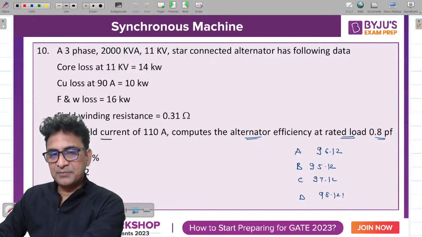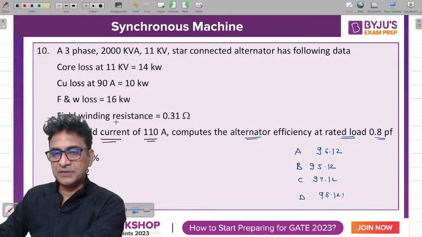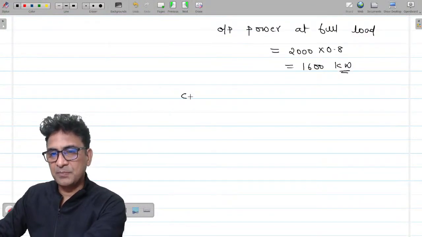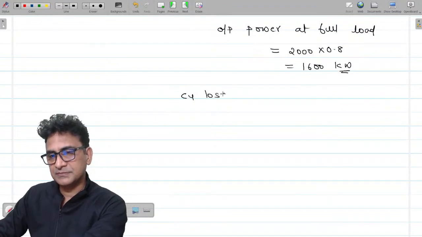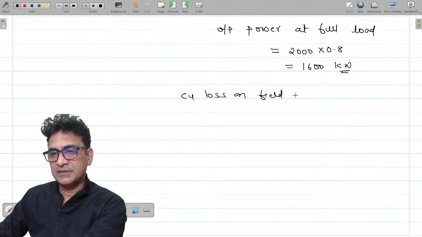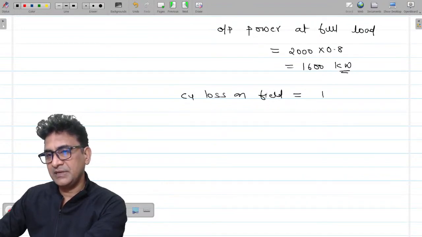So first I will come to the copper loss in the field winding. The field winding is placed on the rotor. So copper loss on field winding. DC current flows in the field winding, so it is equivalent to I square multiplied by the resistance of the field winding.